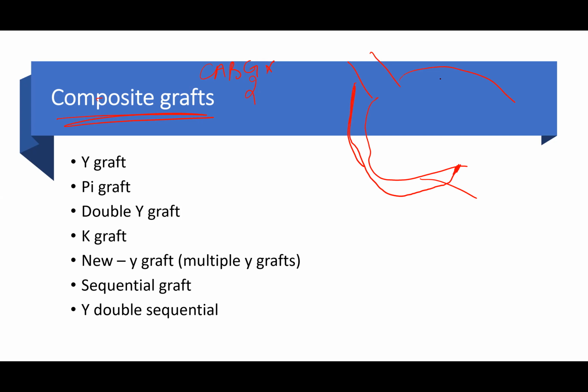And then on the other side, there's the OM, and it was touching the OM as well. So there was a sequential graft here. They called it CABG times 2, but it's actually just 1 graft. We spent 45 minutes looking for another hole here. We couldn't find it because there wasn't one.